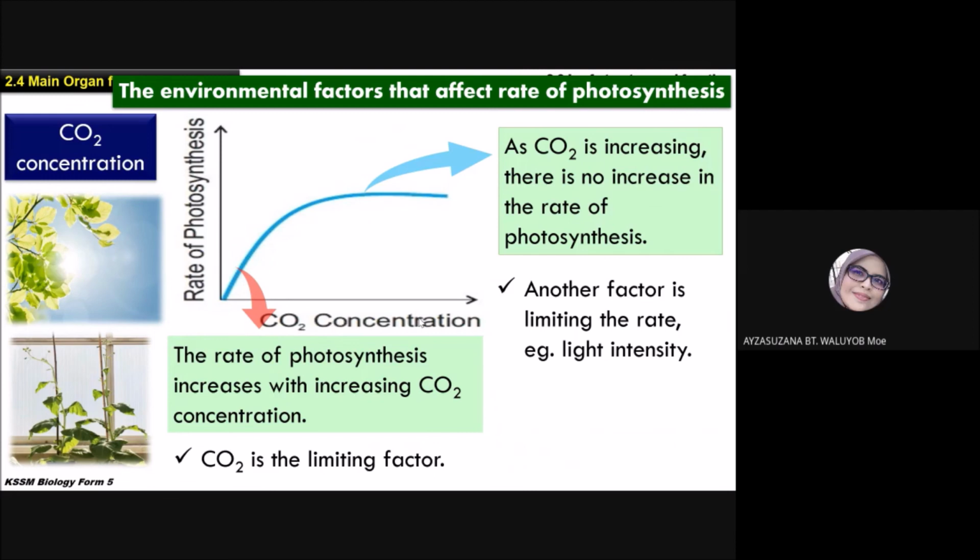Example, light intensity. Maksudnya banyak sangat carbon dioxide, so memang tinggilah the photosynthesis process. But pada masa ni, sunlight dah tak ada dah. Dah drop. So, light intensity is the limiting factor. Sekarang dia dah melimitkan carbon dioxide.